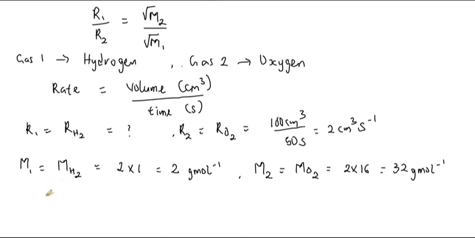Since I'm taking the subscripts 1 and 2 to be hydrogen and oxygen gas respectively, the equation can be written as R of hydrogen gas, the first gas, divided by that of the second gas, oxygen, equal to the square root of the molecular mass of the second gas, that's MO2, divided by the square root of the molecular mass of the first gas, that's MH2.